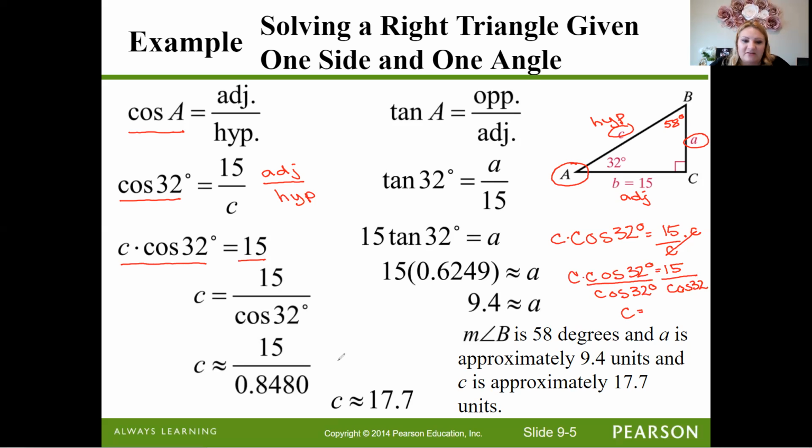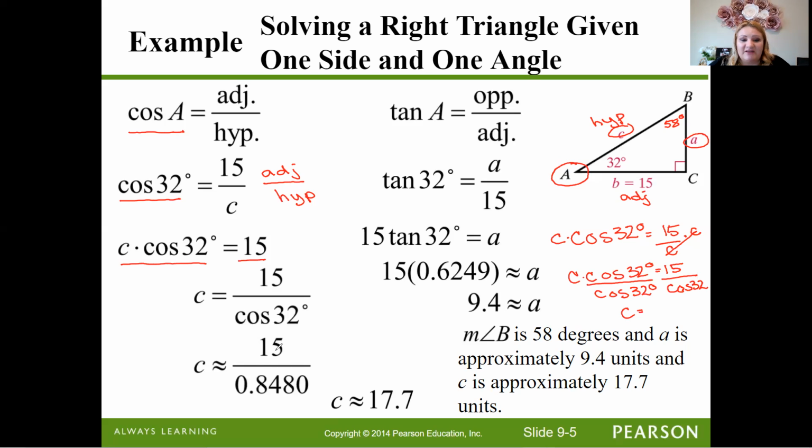And then you take the cosine of 32 degrees, which is 0.8480. When you put that in your calculators, you can use the scientific calculator on Desmos, or you can also use your graphing calculator.